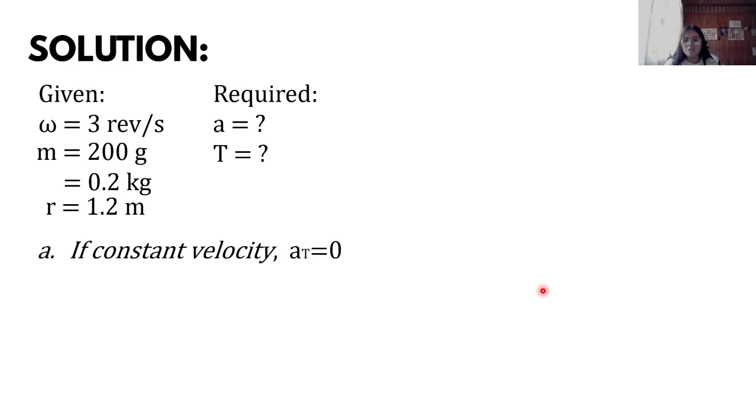So, nabanggit sa problem, constant velocity. So we can say that tangential acceleration is equal to 0. Okay? So we have a sub n is equal to r omega squared. So, kapag tangential is equal to 0, ang kailangan lang nating makompute na acceleration ay a sub n.